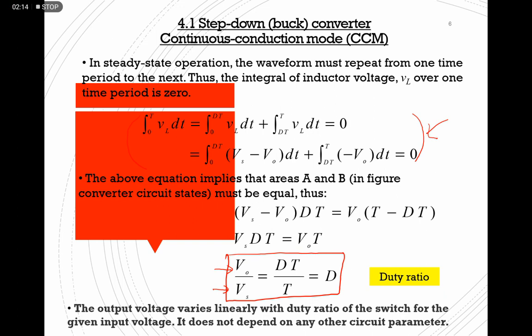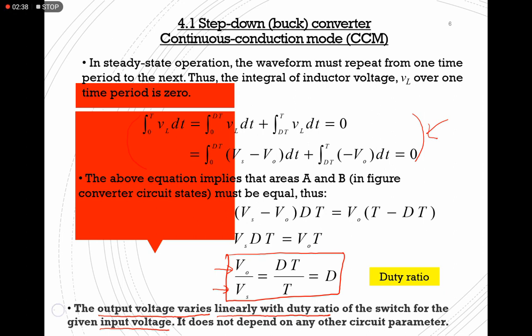So we can conclude that the output voltage varies linearly with the duty ratio of the switch for a given input voltage.